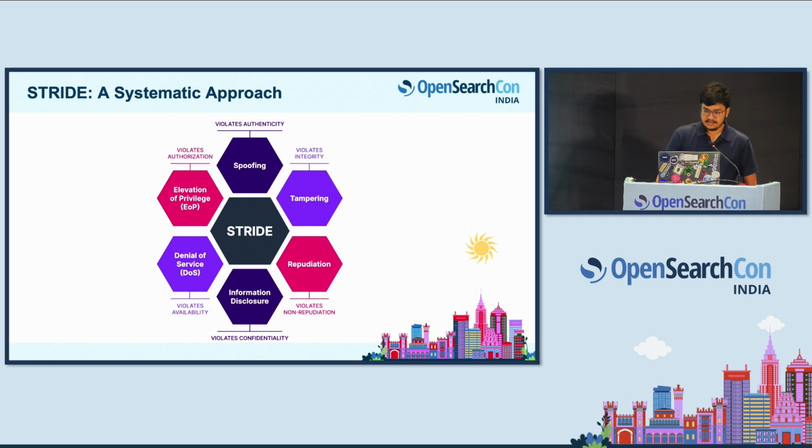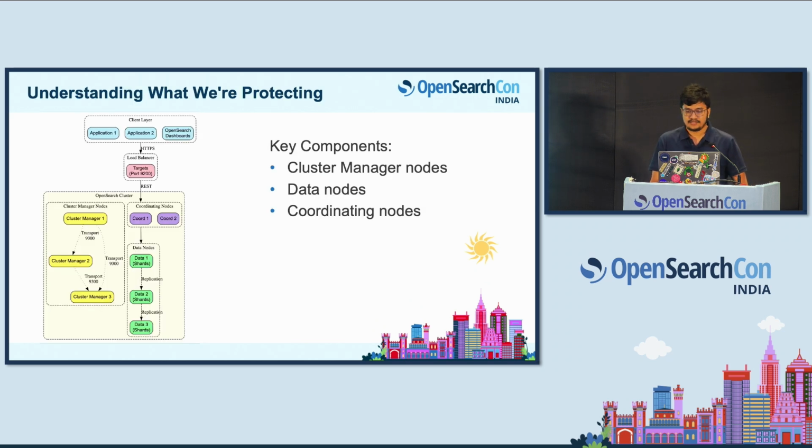So now that we have a basic understanding, let's take a quick refresher on what OpenSearch architecture generally looks like and how we protect it. This is a very high-level, 10,000 to 20,000 feet overview of the architecture. You have different applications and OpenSearch Dashboards connecting to your cluster.